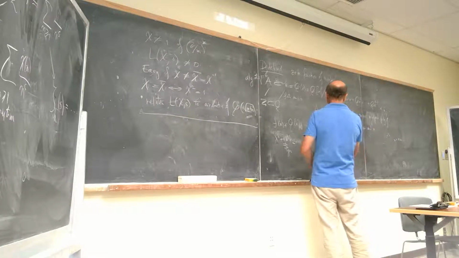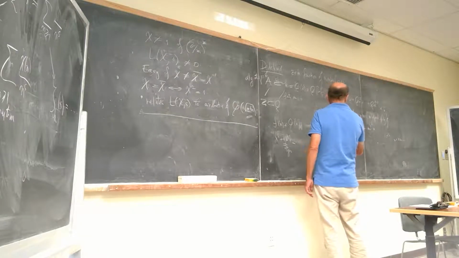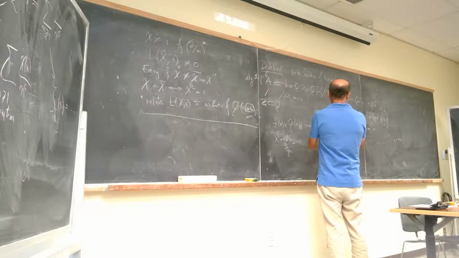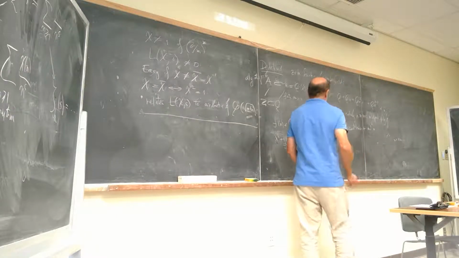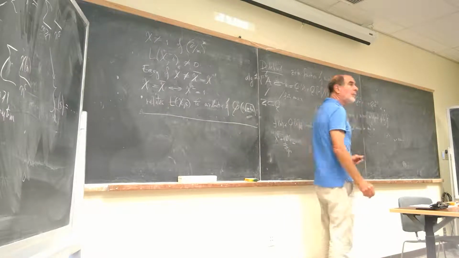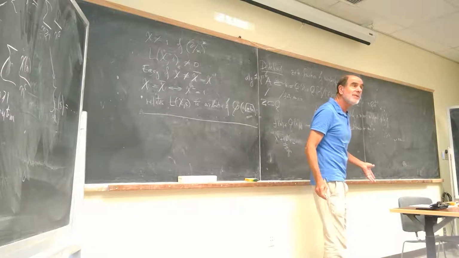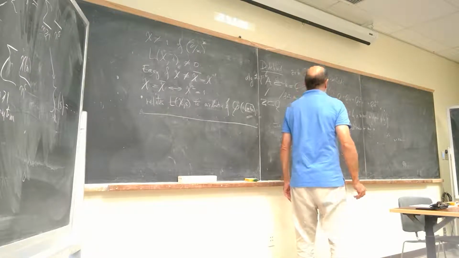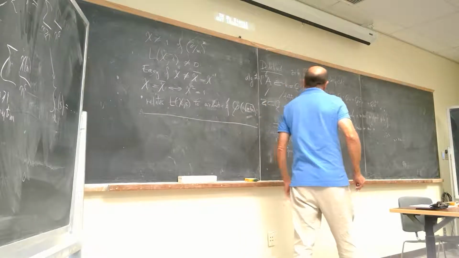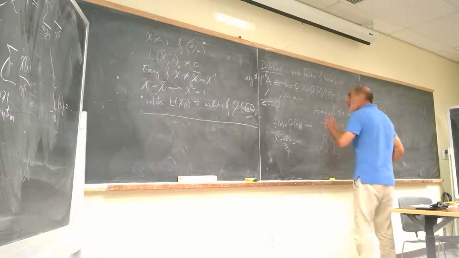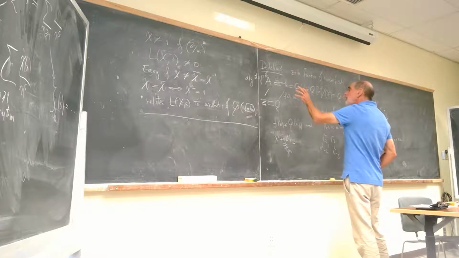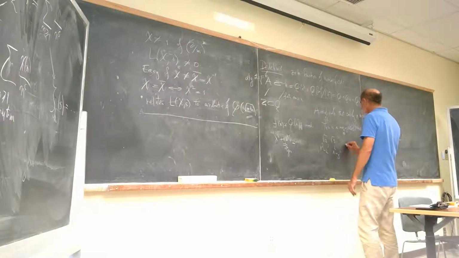One satisfies the polynomial x squared minus 2. This one satisfies x squared minus 3. So imagine you had a number field that contained the square root of 2 and the square root of 3. Why is the sum of the square root of 2 plus the square root of 3 an algebraic integer? Not so obvious. So that's why the theory of modules is developed, to prove that this is closed. And one also knows that as a module over the integers, it's a free module of rank n.